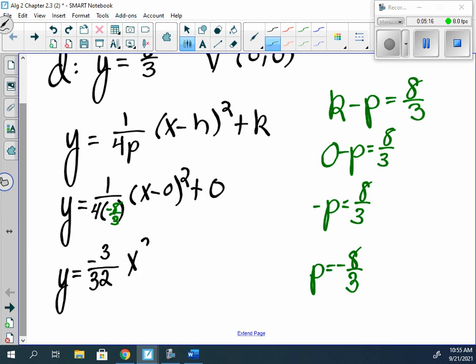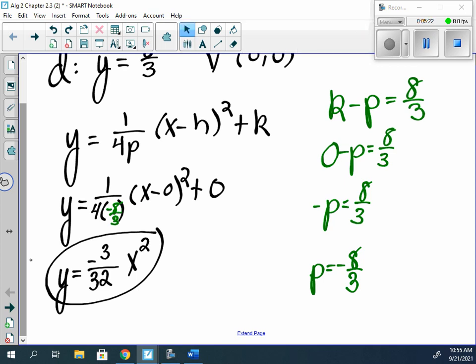And then we would have our x squared, because x minus 0 would just be x, and it is being squared. Adding 0 really doesn't add anything, so we can drop it off as well. So the correct answer for 32 would be negative 3/32 times x squared.